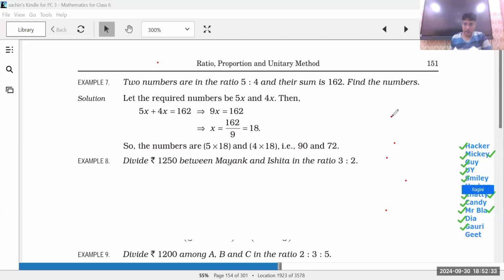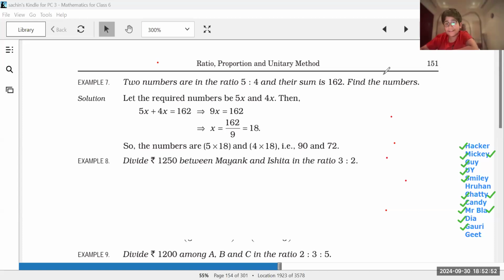Yes, sir. So in the 9th example, we will do the same as we did before. Yes, beta, it's exactly the same. Arora ji, kya problem hai beta?